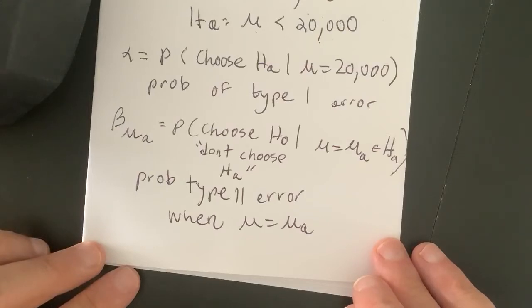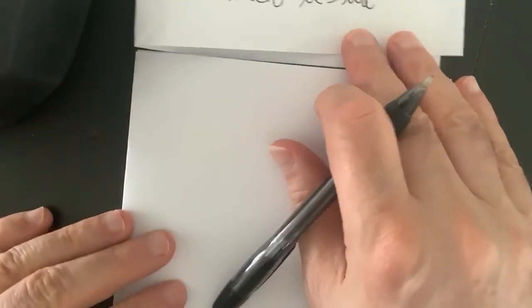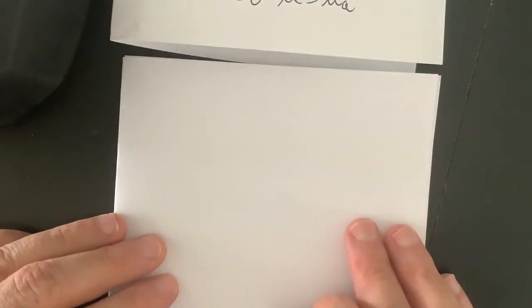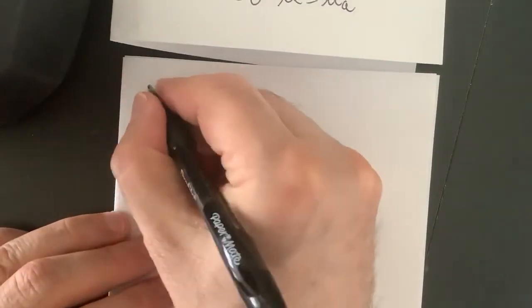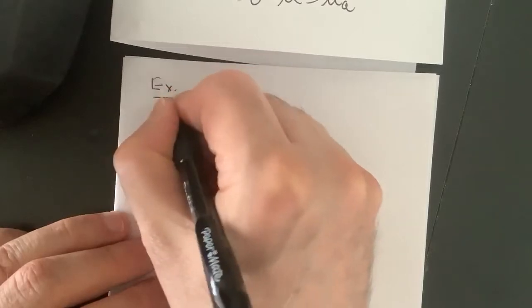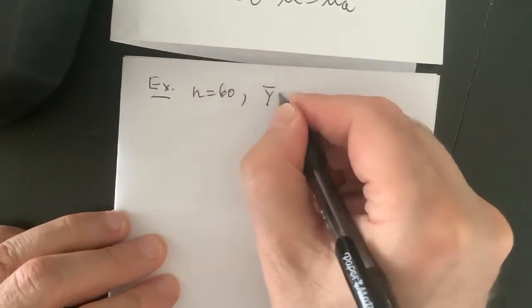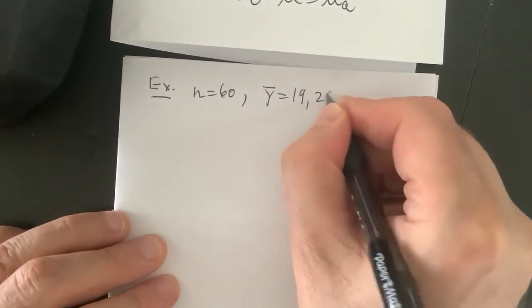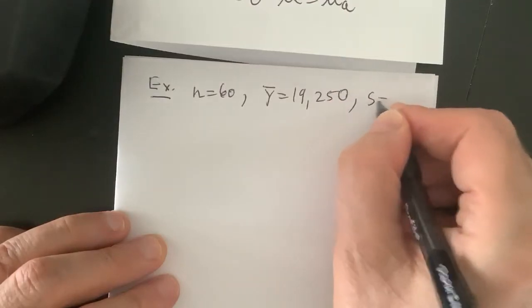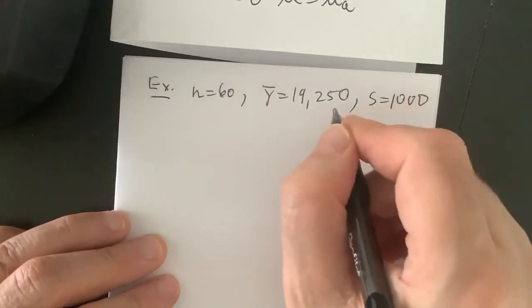All right, so let's do an example to see what shakes out of this. I think we can redo the example. For example, we have something like tires, with n equals 60, y bar was 19,250 and s was 1,000.